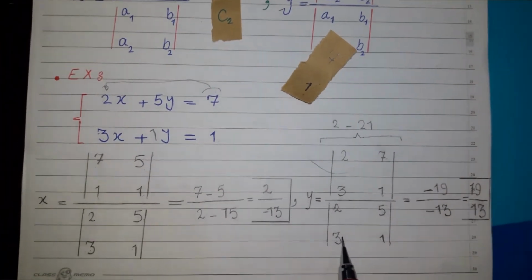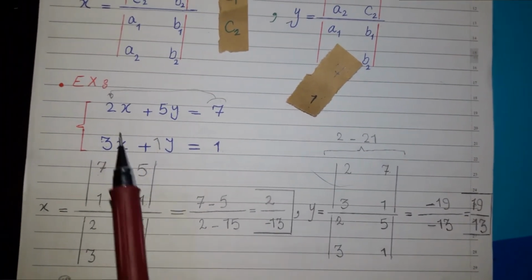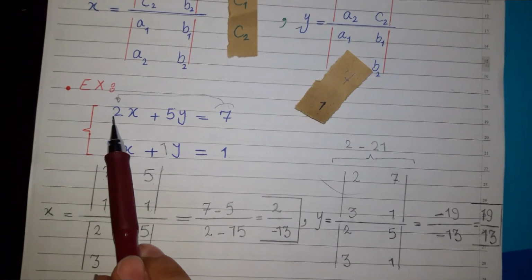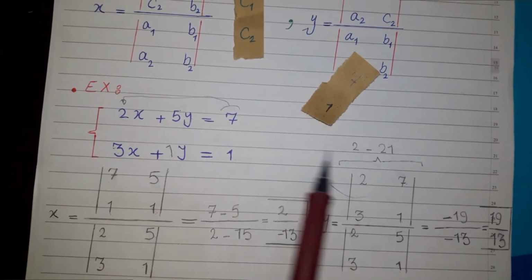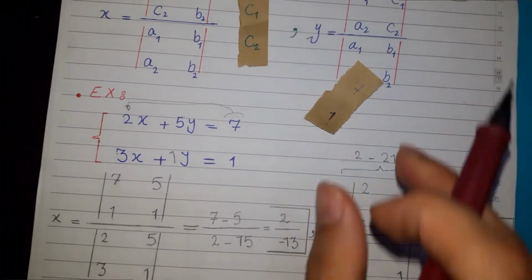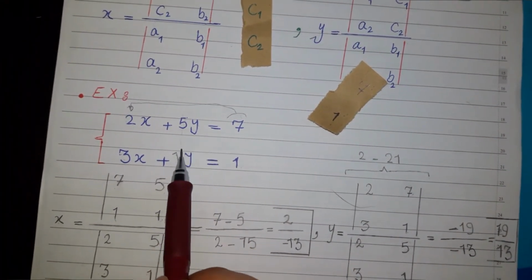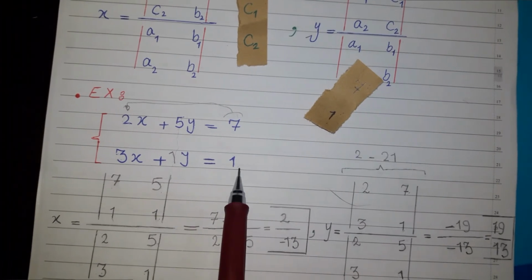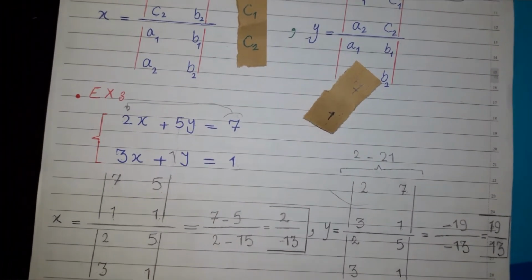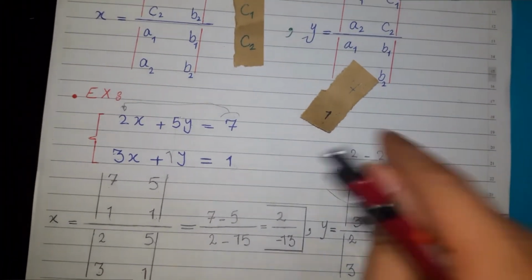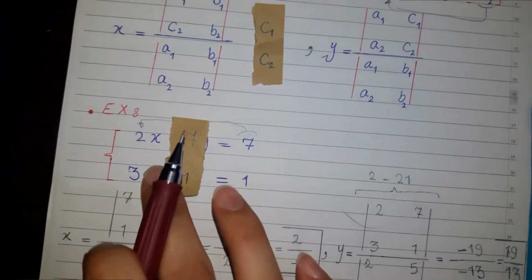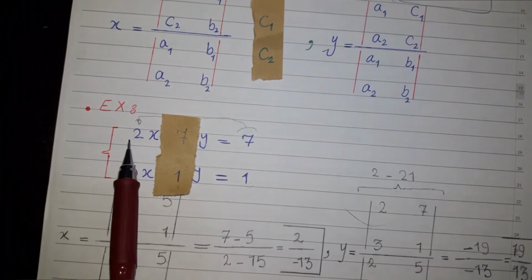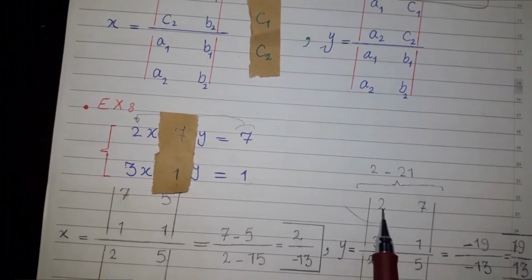And for y, the denominator is the determinant of the matrix of coefficients, which is 2, 5, 3, and 1. Our numerator comes from deleting the second column and replacing it by the column vector matrix of constants, 7 and 1. Here we have 2, 7, and 3, 1.